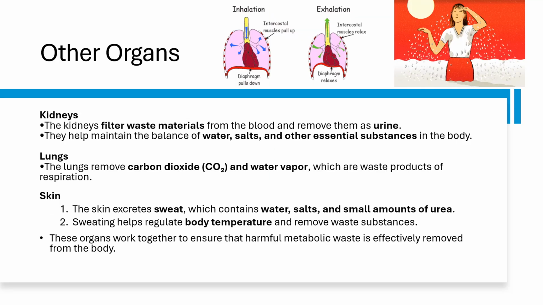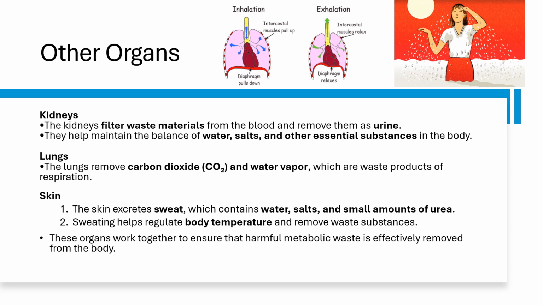There are some other organs which contribute to the excretion of certain materials from our body other than the kidneys. As we have discussed so far, the kidneys filter waste materials from the blood and remove them as urine. They help to maintain the balance of water, salts, and other essential substances in the body. Other than the kidneys, the lungs and skin also perform an excretory function.